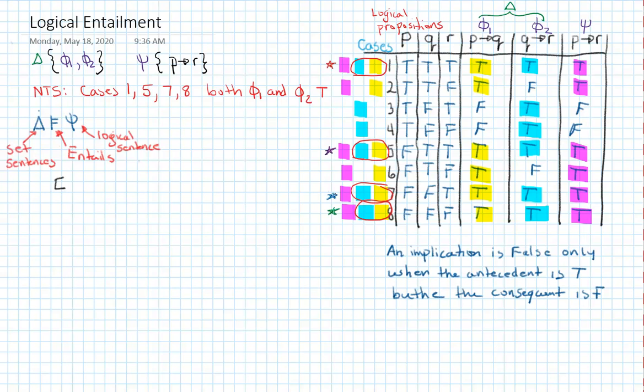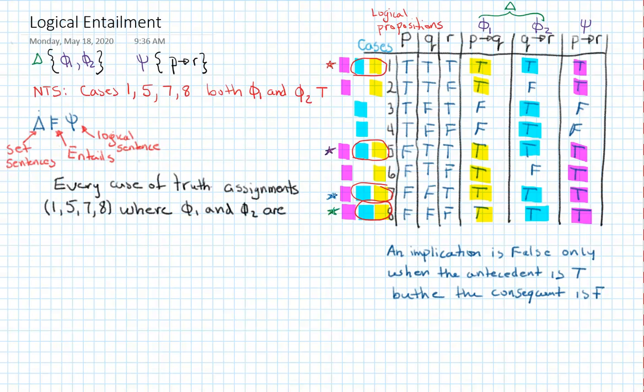In our case, every case of truth assignments, and I'm going to put in parentheses here, in our case 1, 5, 7, and 8, where phi1 and phi2 are both true, then psi is also true.